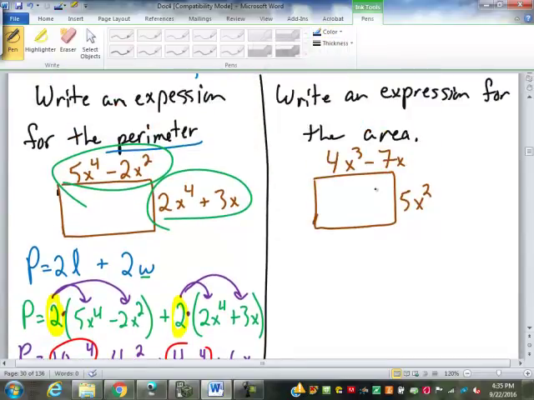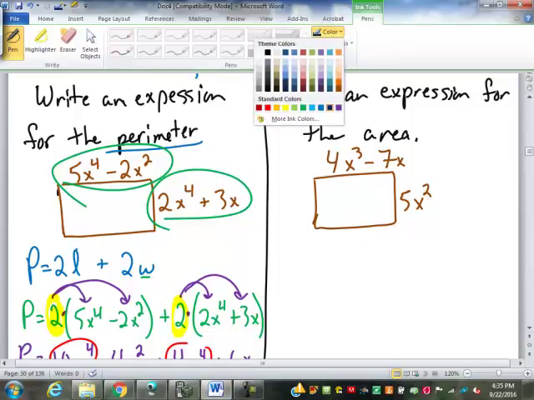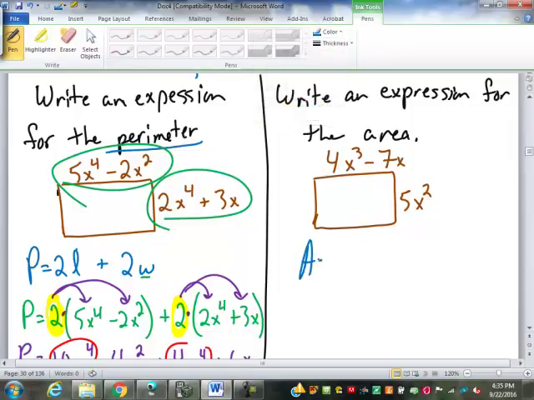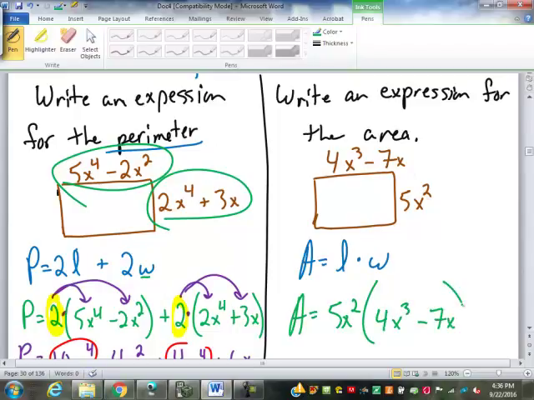For the second one, write an expression for the area. Area is length times width, or width times length, however you want to do it. So here what I'm going to do, I'm going to put the width first, the 5x squared, just because it's easier to have that in front of the parentheses, times the length has 2 terms, so I'm going to put it in parentheses. 4x to the 3rd minus 7x.